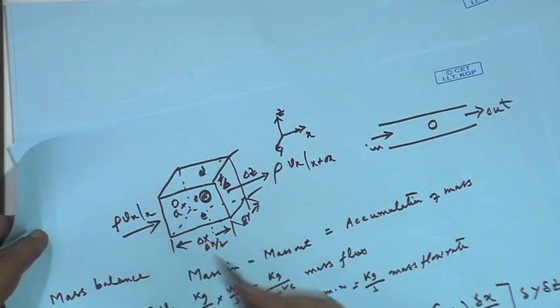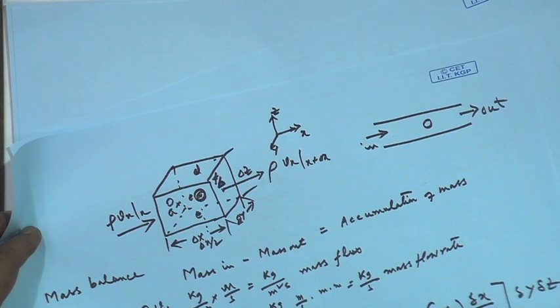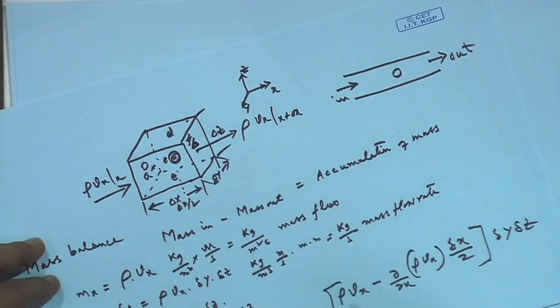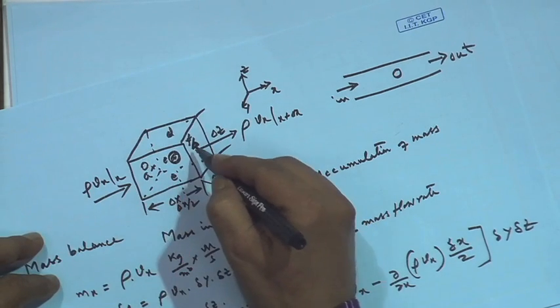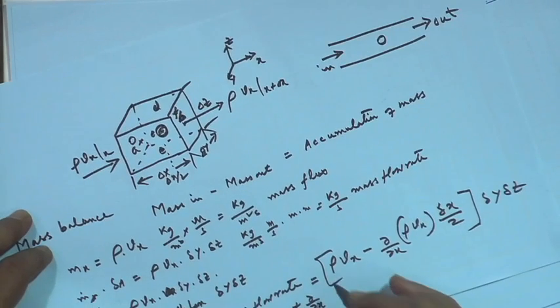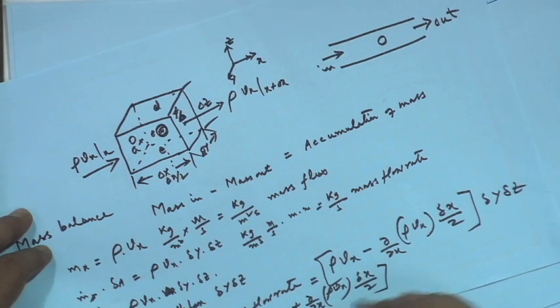So, in this face rho Vx was coming, minus del x of rho Vx into del x by 2. So, in the other face we are getting rho Vx plus del x of rho Vx into del x by 2, times the area, that is del y del z, right.